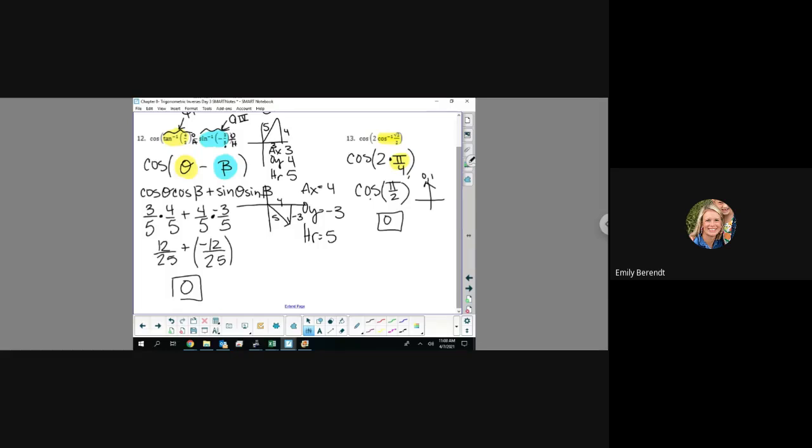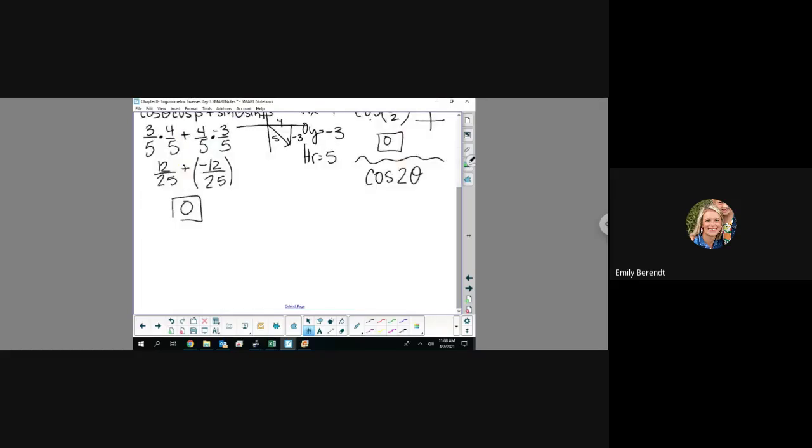All right, so let's hypothetically say that you were a silly rascal, okay? And you were like, oh, I want to practice my identities. And you replaced the inverse cosine of root 2 over 2 with theta. So you looked at it as cosine of 2 theta. This is called a what identity? Double angle identity. How many identities did cosine have for its double angle? 3.